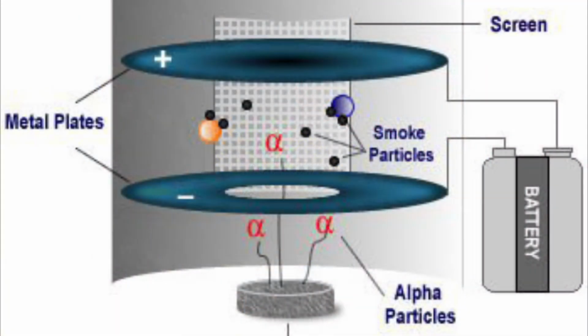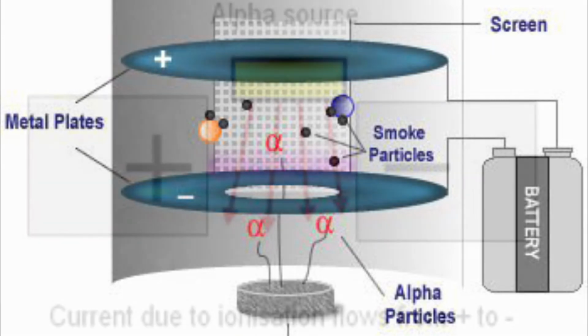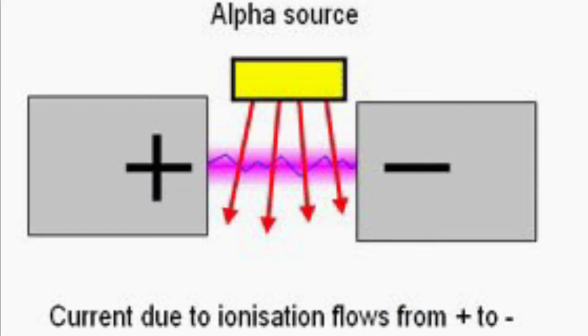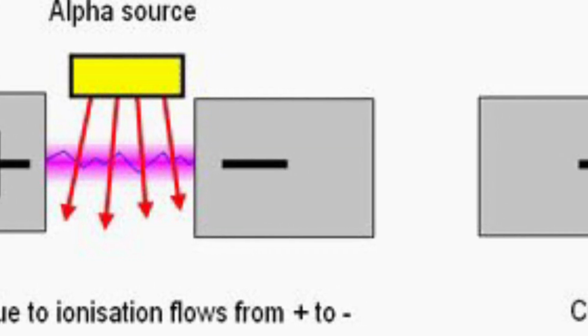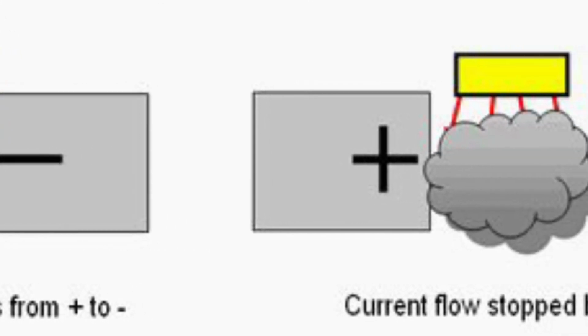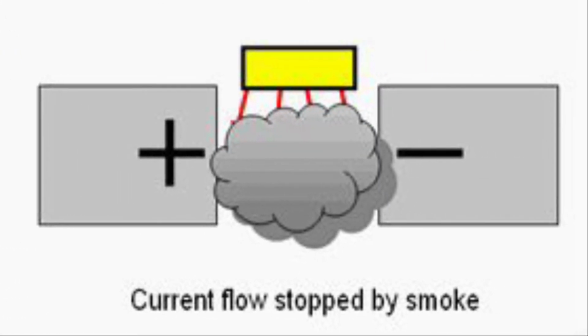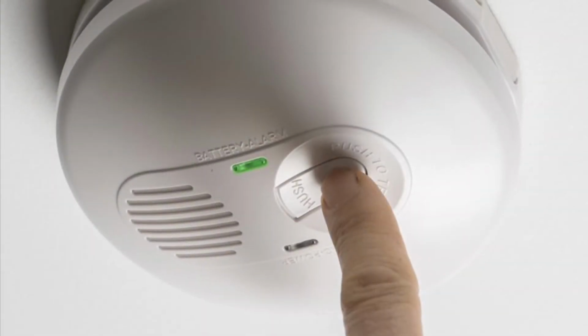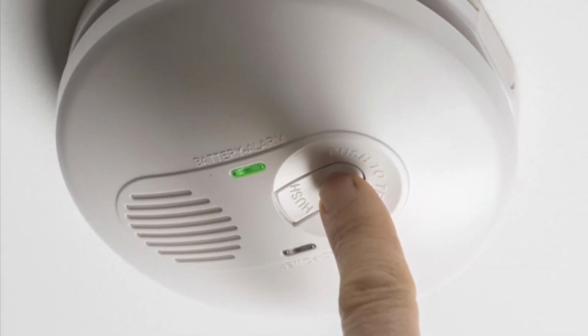A tiny quantity of americium dioxide emits alpha particles, which ionize the air, making the air conductive and consequently permits a current to flow between the plates of the smoke detector. Smoke, however, will interfere with this ionizing process because smoke absorbs radiation, which reduces the current that flows. Therefore, any smoke particles that enter the unit will sound the alarm.